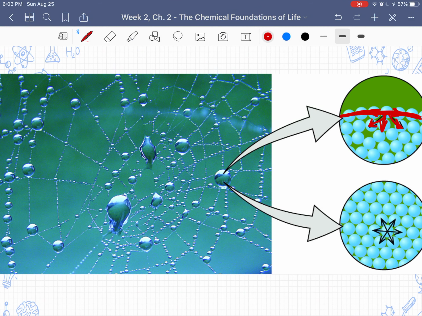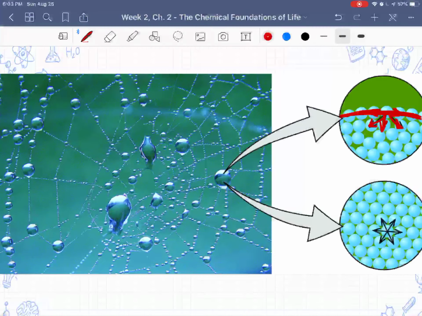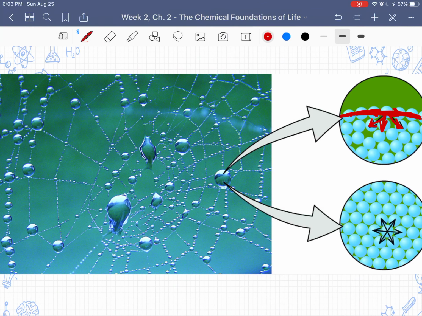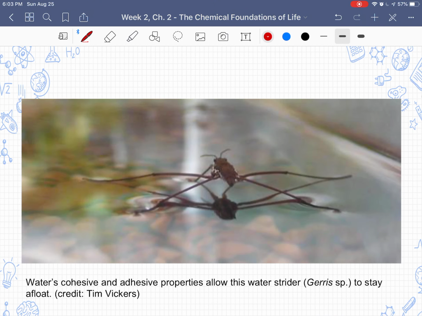If you go down into the middle of the water droplet, that force between those water molecules is being evenly distributed all the way around in all directions. So you don't have that film-like property like you do up here because it's not as evenly distributed as it is on the surface. And that allows things like water striders to walk across.